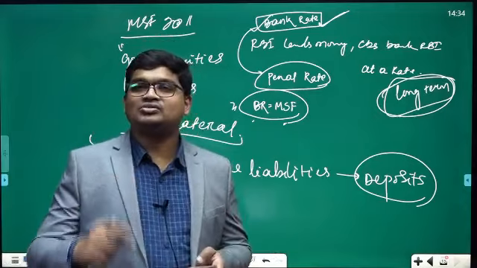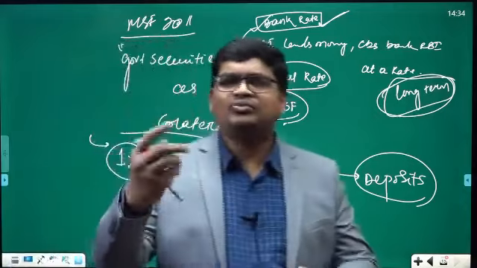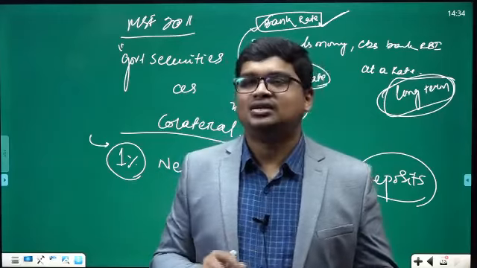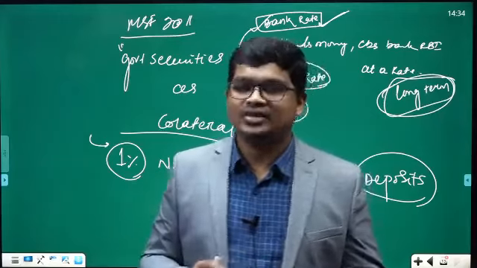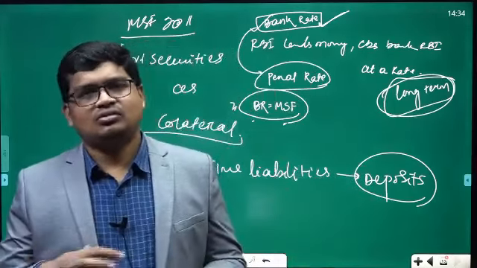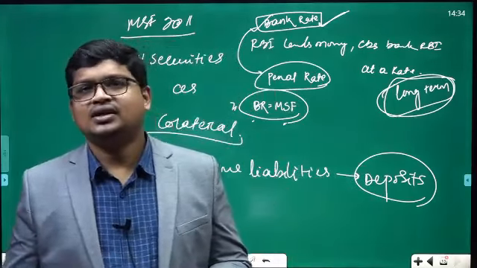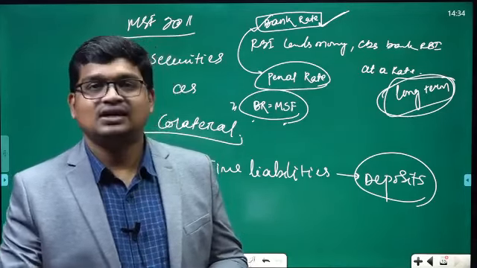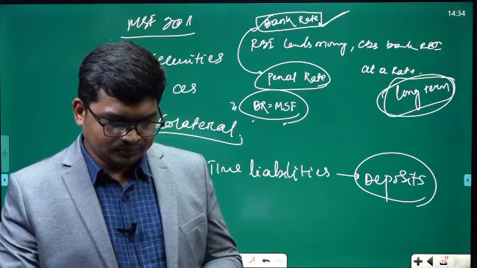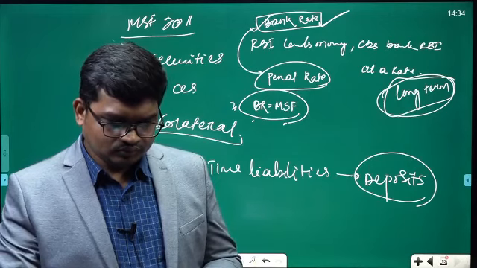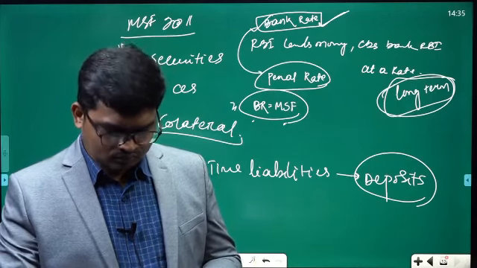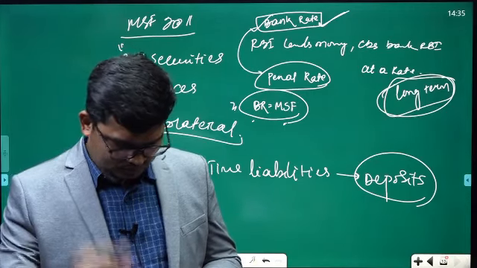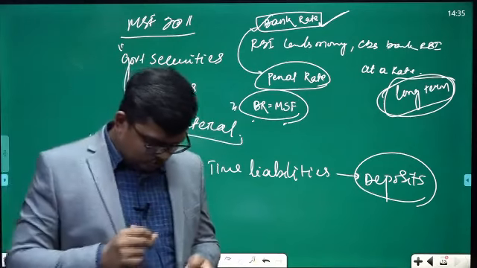Suppose the government wants to revise the minimum wage rate of industrial workers, then the government will use that index to revise the wage rate of industrial workers. So for different uses, different indexes are used. Okay.